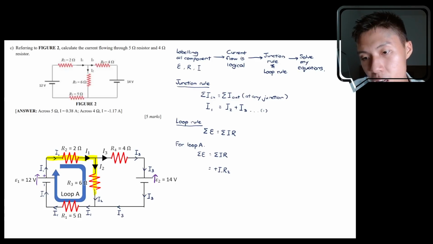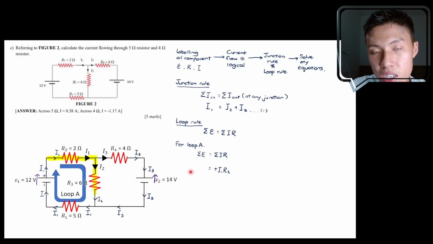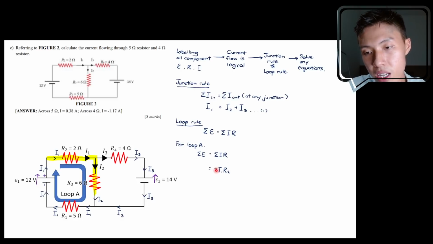The next thing that we will encounter is R3 over here. Since this is R3, its resistance is related to the right hand side of the equation, not the left hand side. The left hand side is only for sources of EMF or battery. To check whether it's a positive IR or a negative IR, again check whether the direction of loop, which is the direction of my highlighter, is the same as the direction of the current that I labeled earlier.